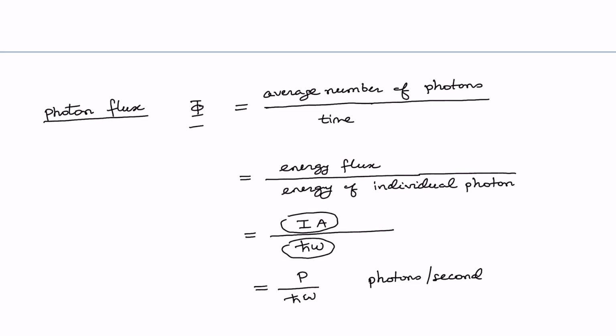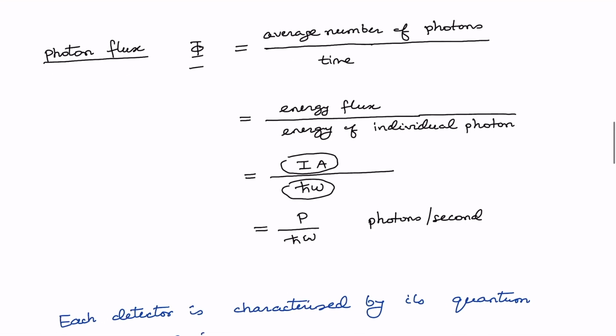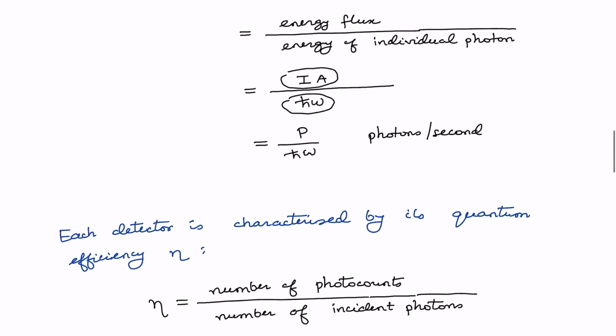This can also be written as power divided by h bar omega, because power is energy per unit time and intensity is energy per unit time per unit area, so I into A is power. And the photon flux is simply P by h bar omega.